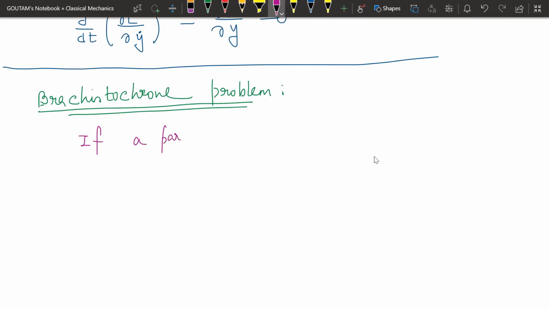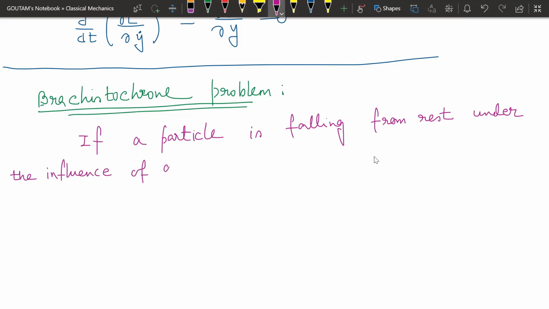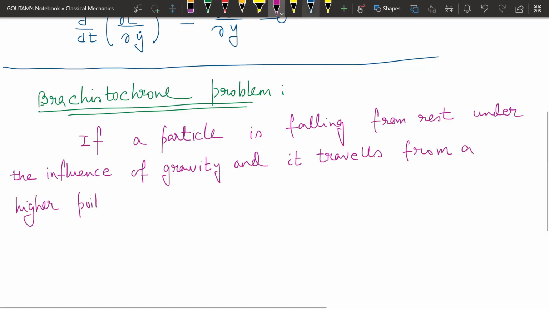if a particle is falling from rest under the influence of gravity, and it travels from a higher point to a lower point, the path need not be vertically downward.